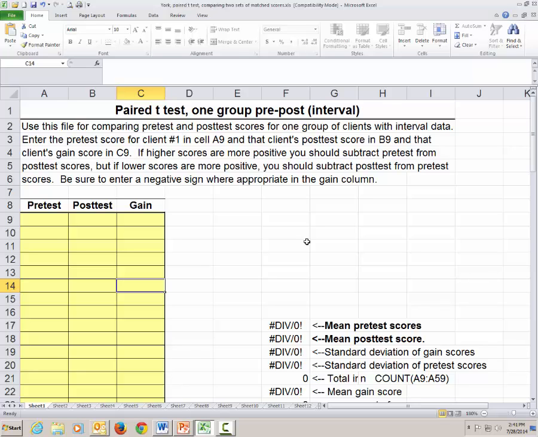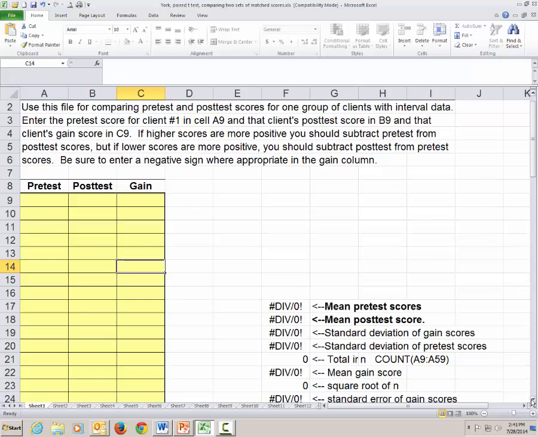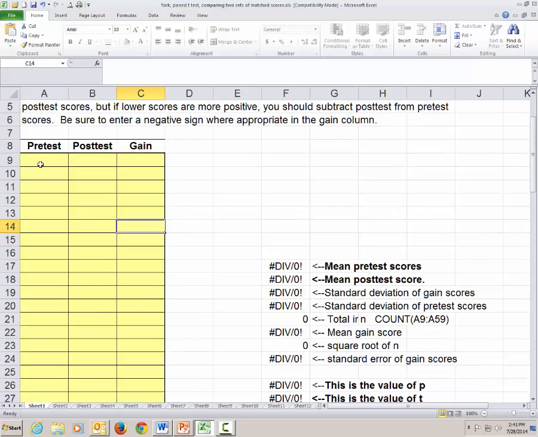Okay, I assume you have done the reviewing of the information. What you have here are pretest scores, post-test scores, the gain, the difference, that is to say. Here you have the mean pretest, the mean post-test, the mean gain score.